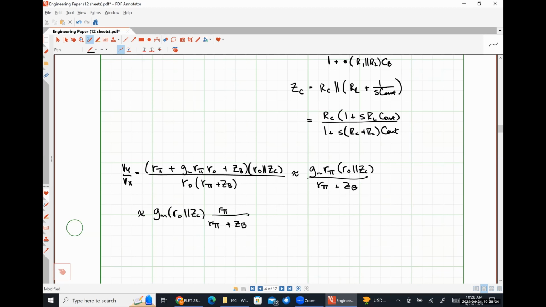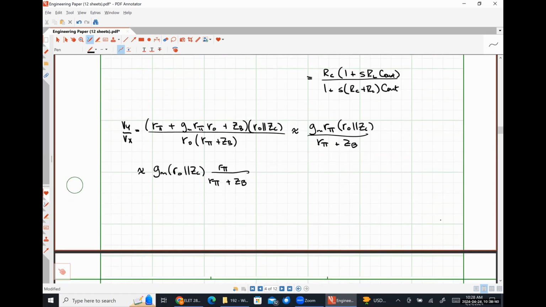So let's look at the R pi over R pi plus ZB bit first, just like we did with our common emitter amplifier.